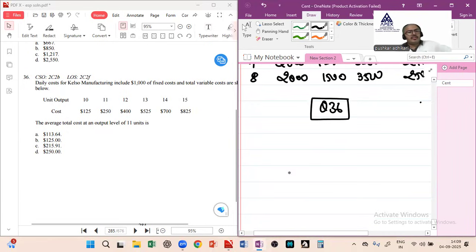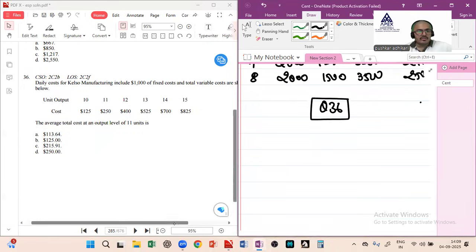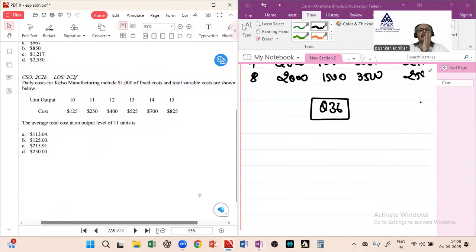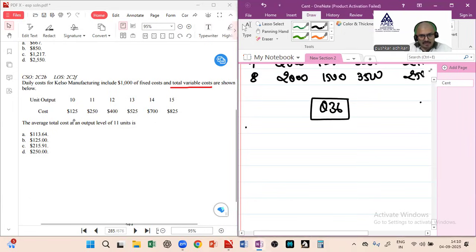The daily cost of Kelso manufacturing includes 1000 of a fixed cost and the variable cost. But now what is the word they have used? The total variable cost are given to us under the average total cost. Now please try to understand one thing over here. I have got my output for the 10th, 11th, 12th, 13th, 14th, and the 15th unit.